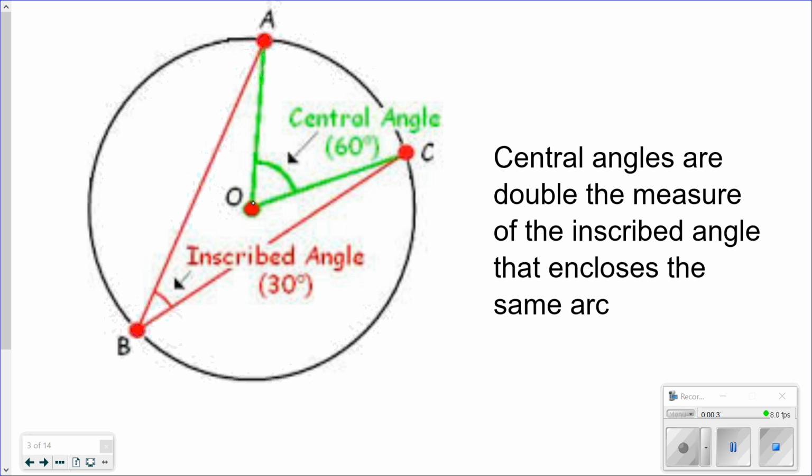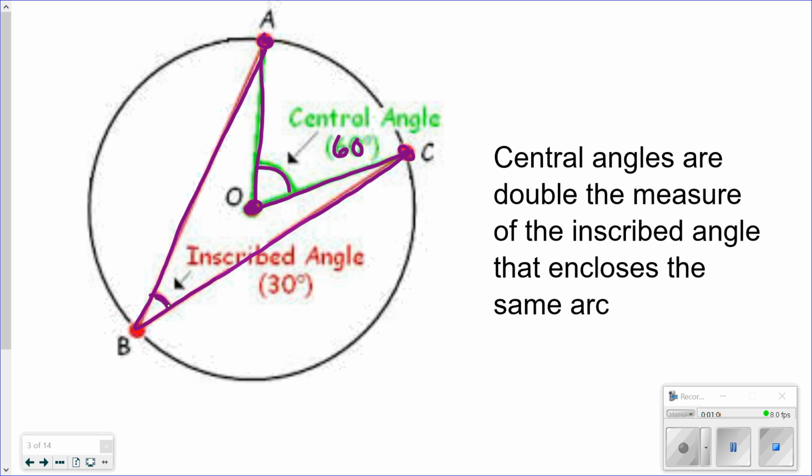We talked about before a central angle. A central angle is an angle that comes from the center of the circle. So for example here we have a central angle of 60 degrees. Well, if we use the same endpoints as this central angle, we can create an inscribed angle. And here's that inscribed angle.